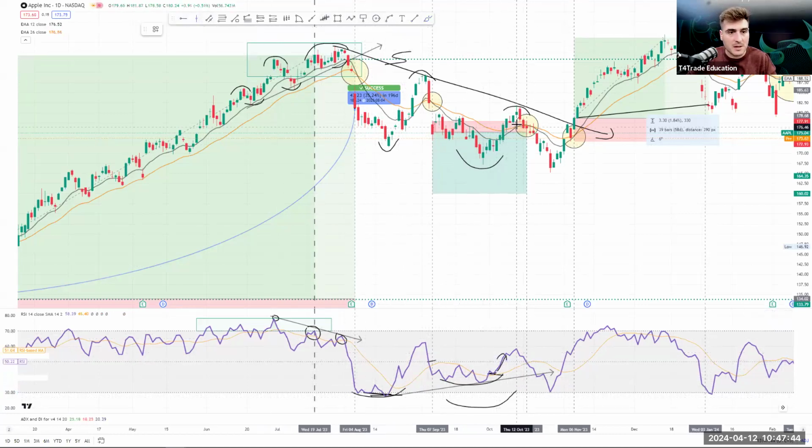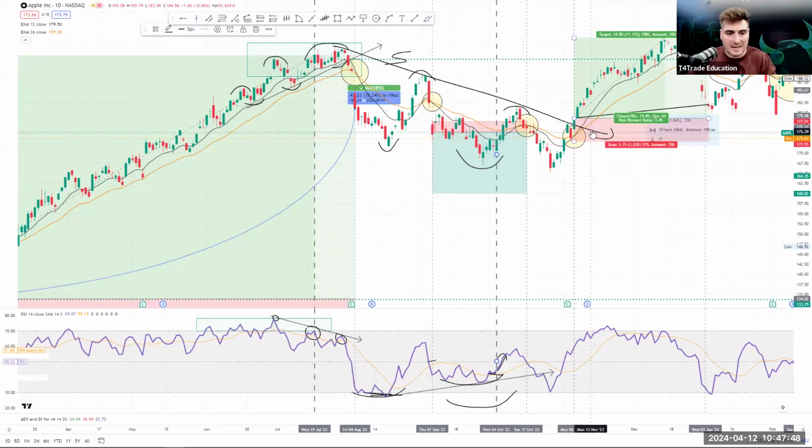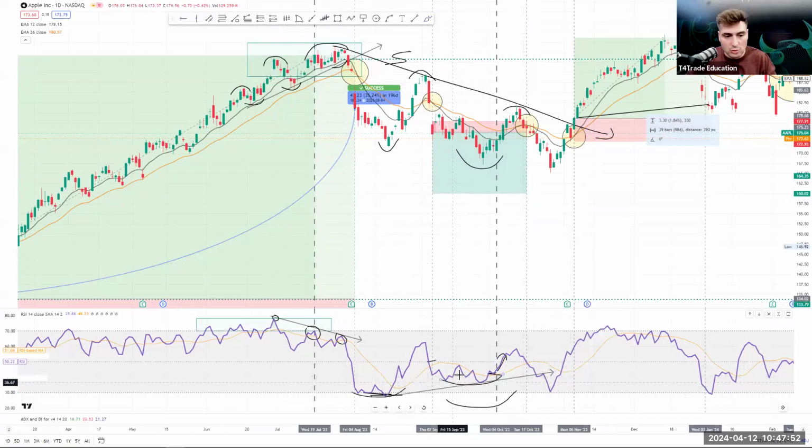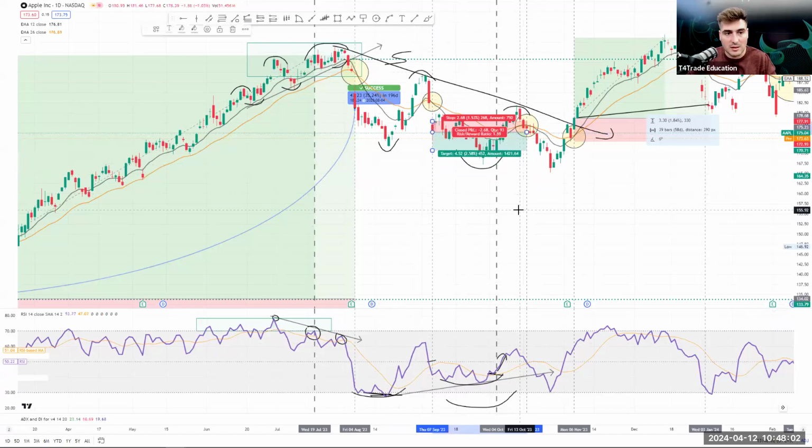So the area of my exit would have been somewhere in here at best, after I see two consecutive higher lows. I'm looking to exit my position as soon as possible. So maybe the best I could have gotten here is something like 3%. 3% is obviously better than 0.5% gains or no gains.